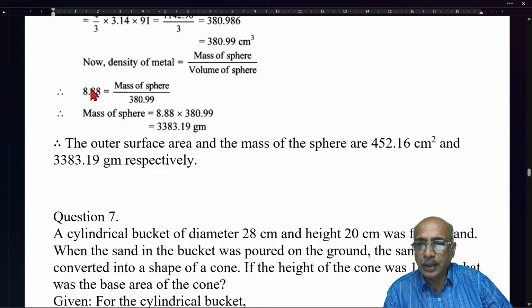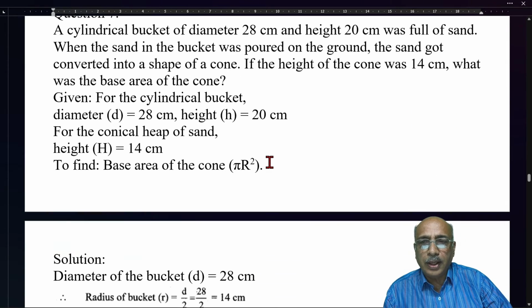Cross multiplying this, therefore, mass of sphere equals 3,383.19 gram. Therefore, the outer surface area and the mass of the sphere are 452.16 centimeter square and 3,383.19 gram respectively.